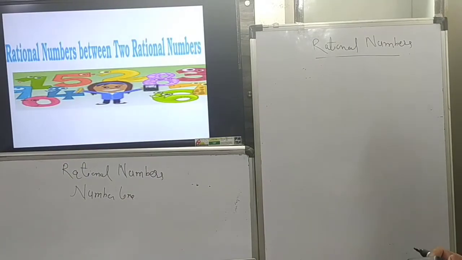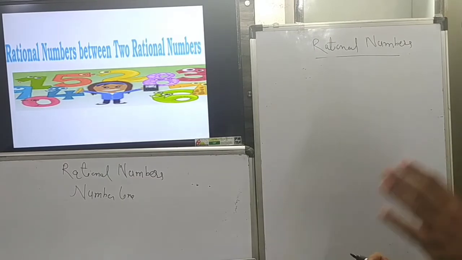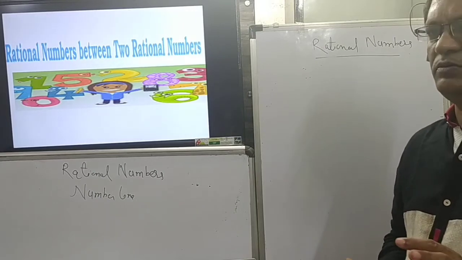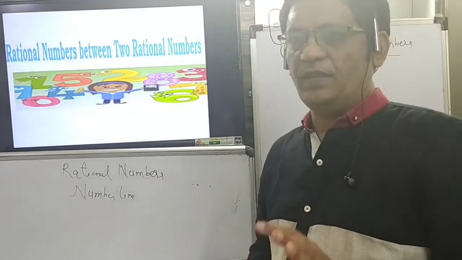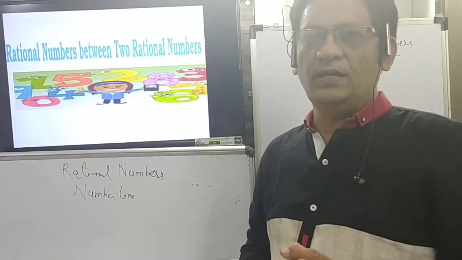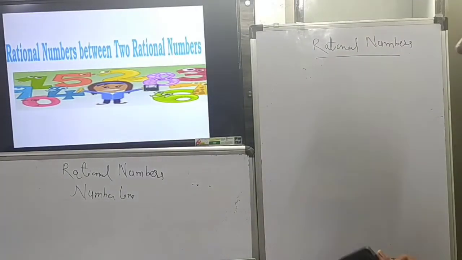Now how to represent on the number line a rational number between two rationals. First of all, let me clarify: there are infinite rational numbers between two rationals, out of which we have to represent some rational number between two rationals.